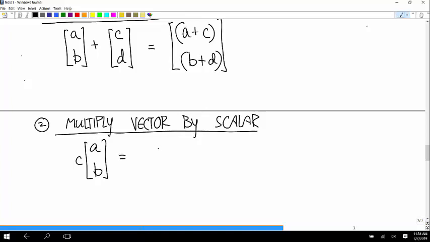And this is equal to CA for the X component and CB for the Y component. So just multiply that number by both of the two components. And again, it might not be obvious right at first, this is totally equivalent to the graphical definition of multiplying a vector by a scalar.